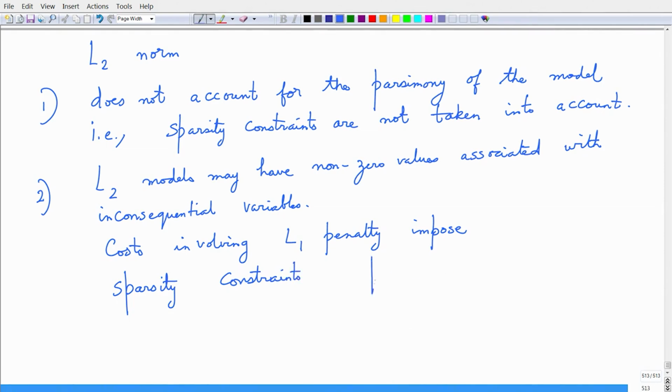Right. So L1 is typically like this. You take the absolute value, you sum the absolute value on all the coordinates, and that's what it is, and you want that sum to be less than some pre-imposed number that you want.